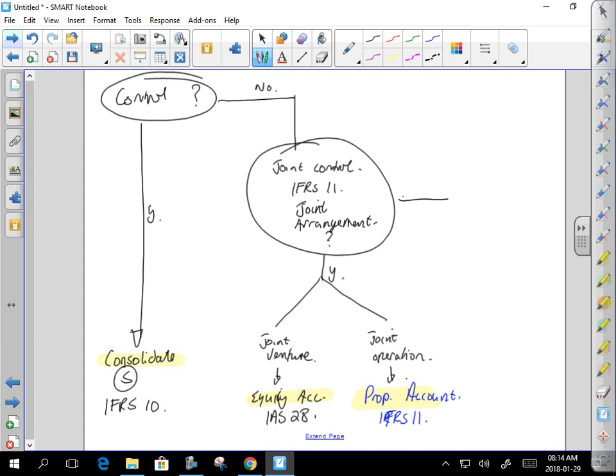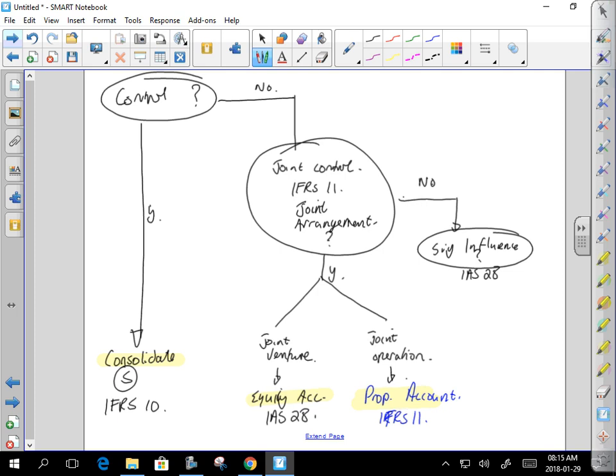If this here was a no, so if it's a yes, you're either going to be in equity accounting or proportionate accounting. If it's a no, the next question you've got to ask yourself is, do we have significant influence? The definition of significant influence is an IAS 28 concept. So in terms of IAS 28, they will tell you what it means to have significant influence.